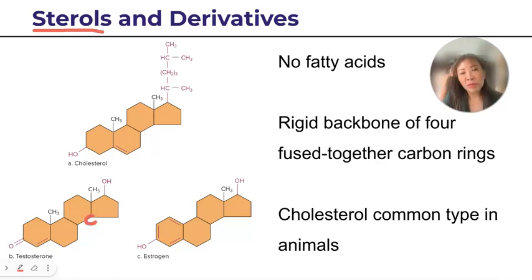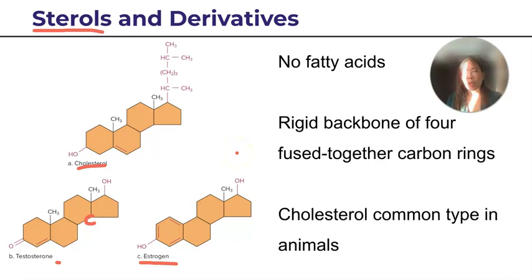So we have 3 different versions right here. We have cholesterol, and all of them consistently have that carbon backbone and the 4 rings. Then we have testosterone, and we also have estrogen. Testosterone and estrogen, we typically think of as different hormones in our body, and then we also have cholesterol. So these are all lipids.